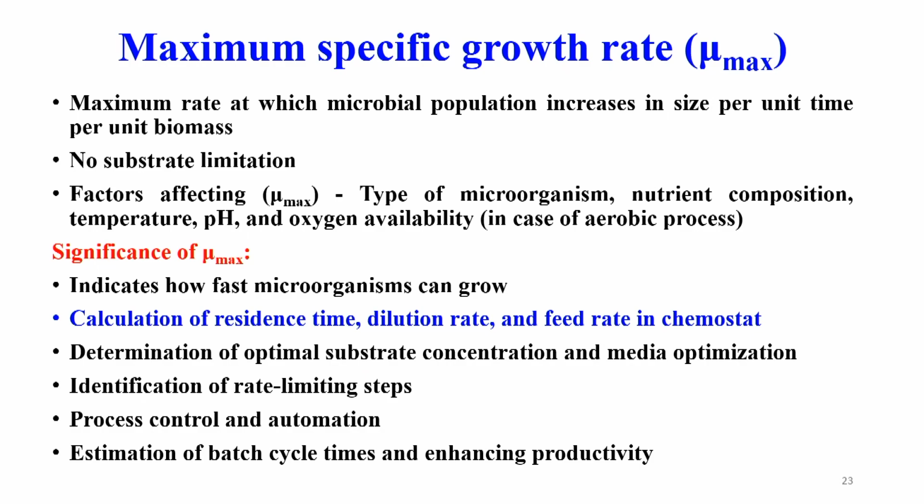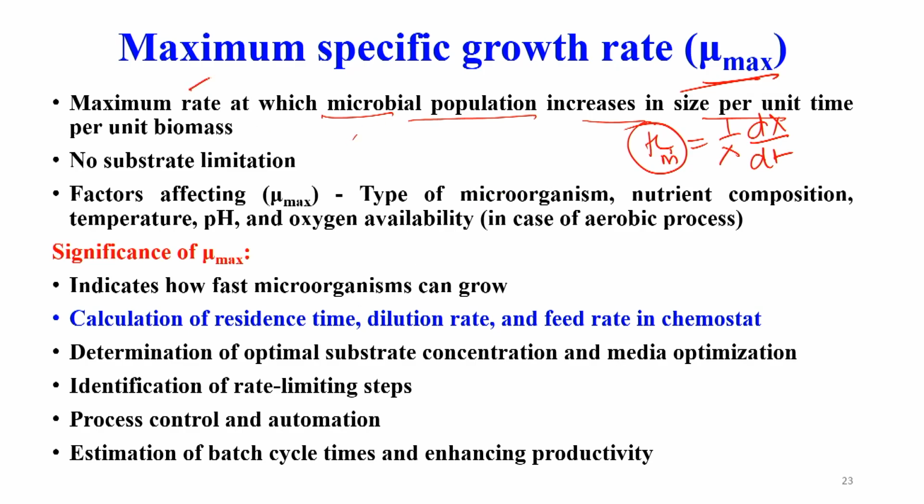Further going ahead, now we can quickly discuss what mu max is. It is the maximum rate at which the microbial population increases in size per unit time per unit biomass: mu equals 1 upon x dx upon dt, and we are talking about mu max.